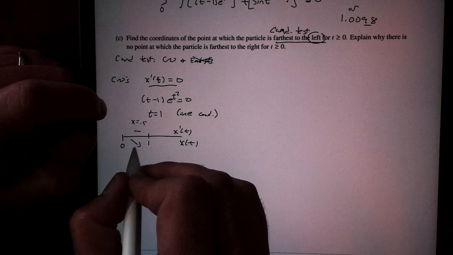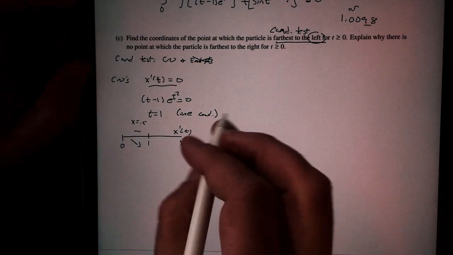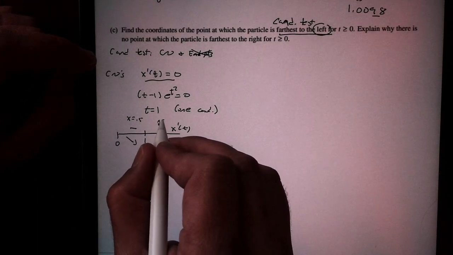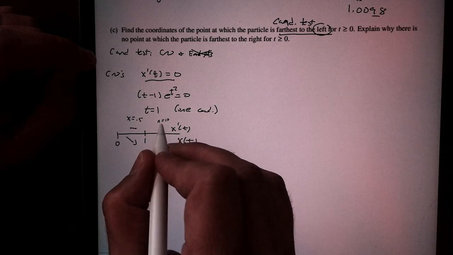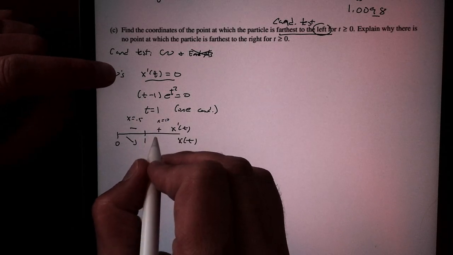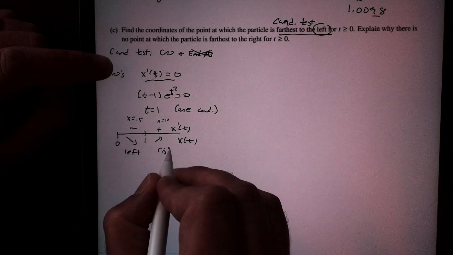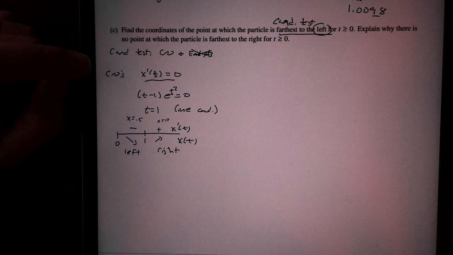That negative tells me we are going to the left. If I plug in something like 10, positive, positive, it's going up. So here we're going to the left, and then afterwards we're only going to the right.